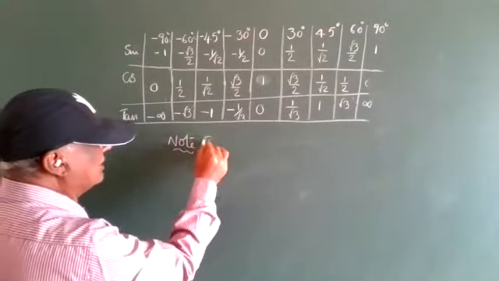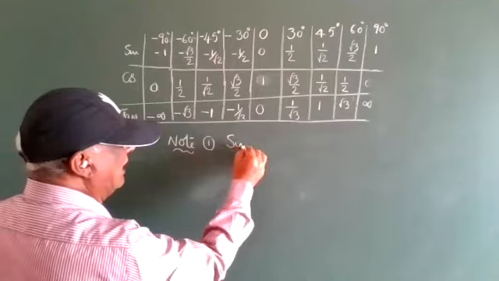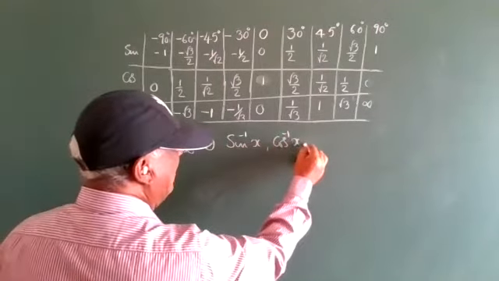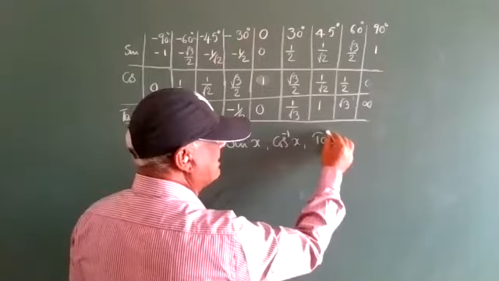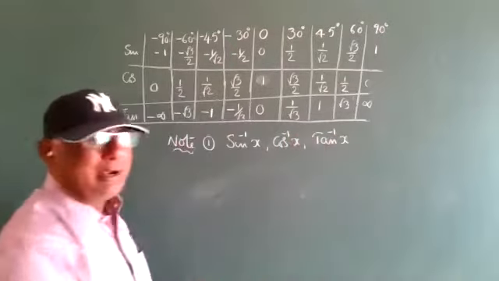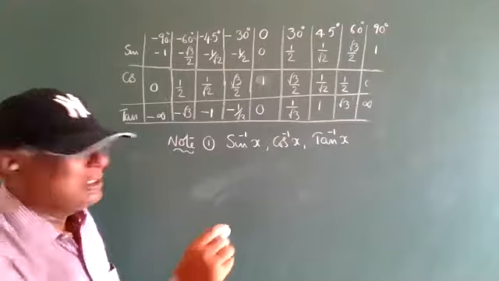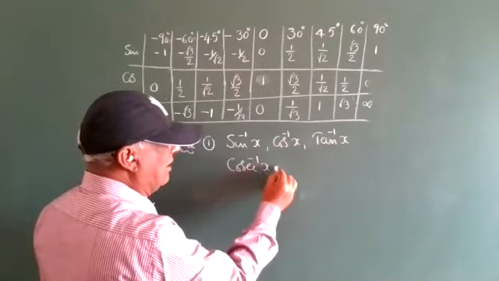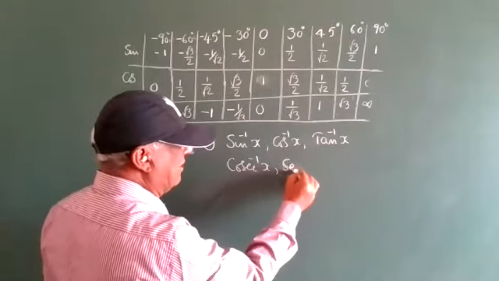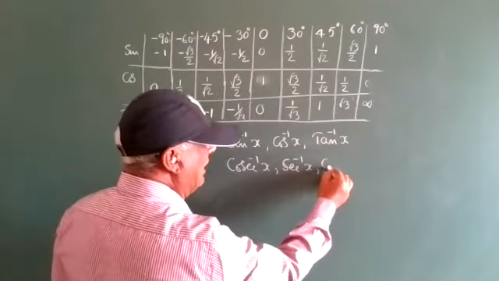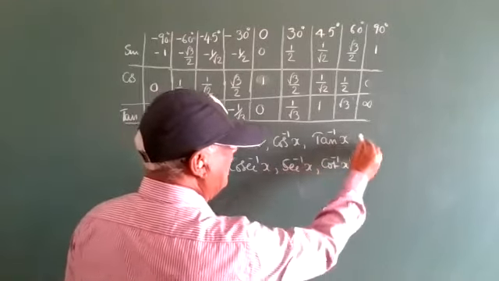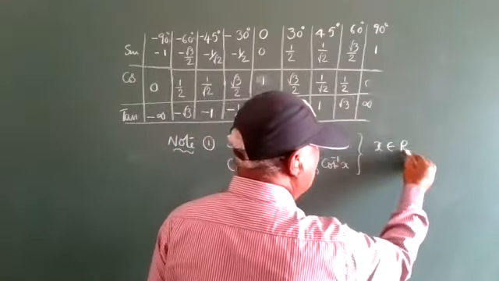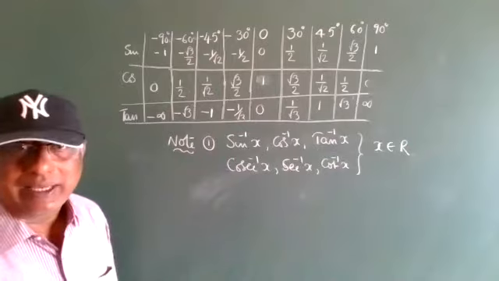Inverse trigonometric functions are represented by sine inverse x, cos inverse x, tan inverse x, cosec inverse x, sec inverse x and cot inverse x. The inverse is for the trigonometric function, not for a value. Here x always belongs to the real numbers, not the angles.